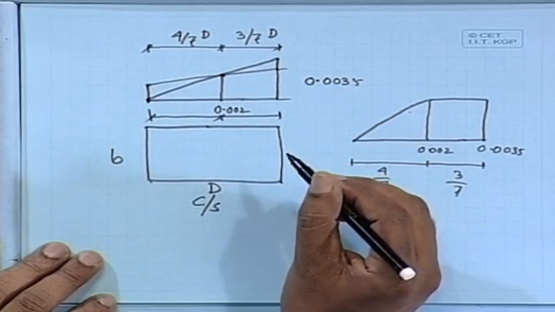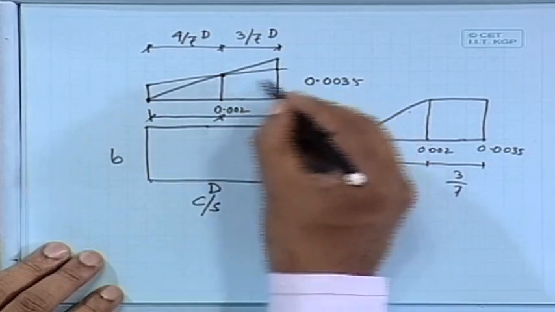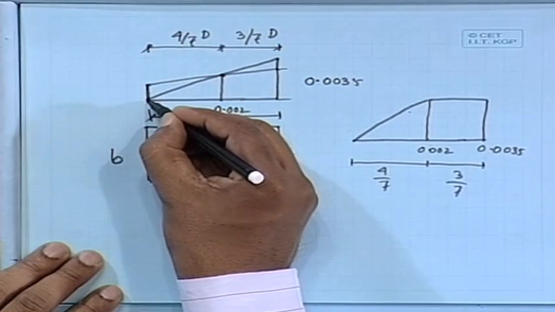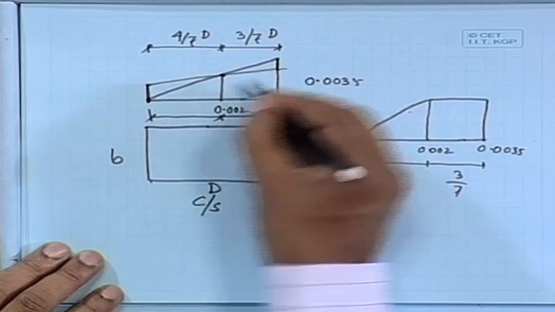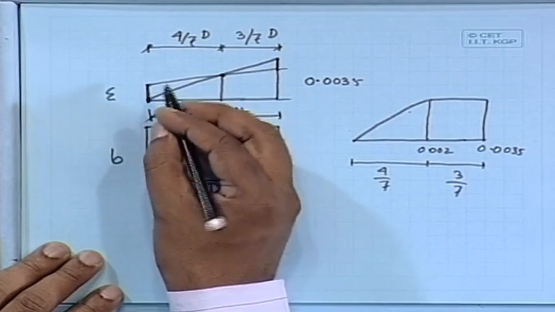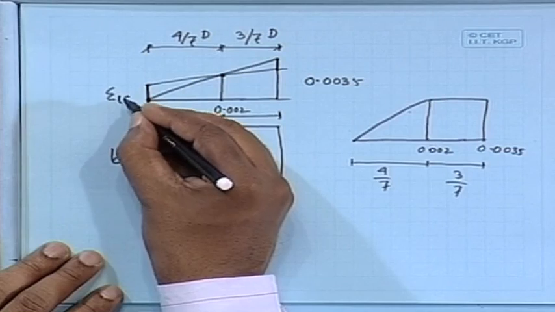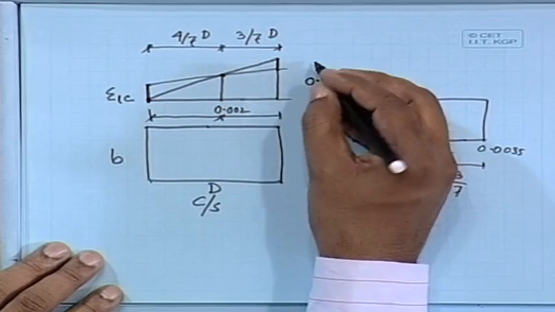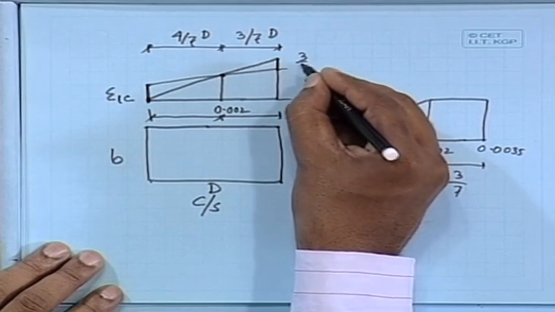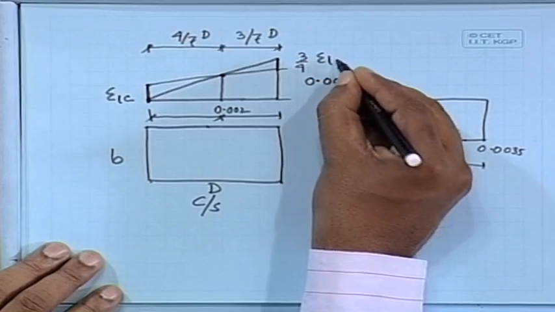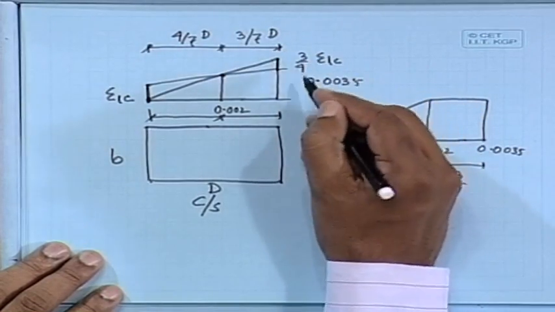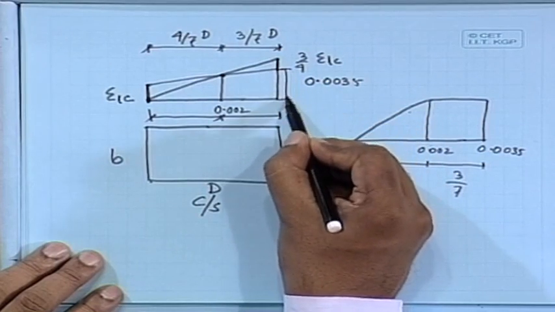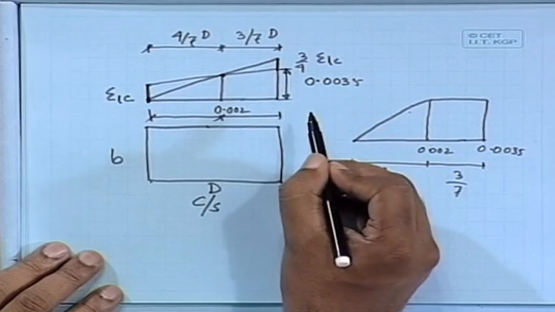If I know this value, epsilon least compression, then I can find this one, which will be equal to 3/4 of epsilon LC. So, 0.0035 minus this one will give me the strain here, which is the strain I am interested in finding out.